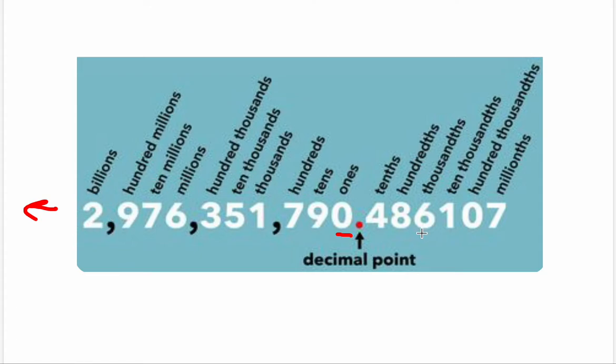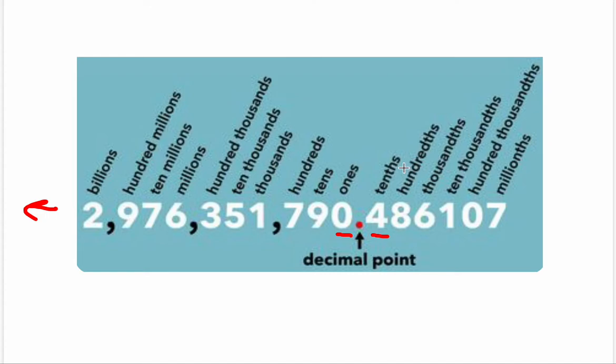It does keep going, but for the sake of this exercise, we're only going to go as big as the billions, okay? Now, your decimal place values get a little more interesting because they don't necessarily follow the same pattern of names as the whole numbers. So let's review those. To the right-hand side of the decimal point, you have your tenths.